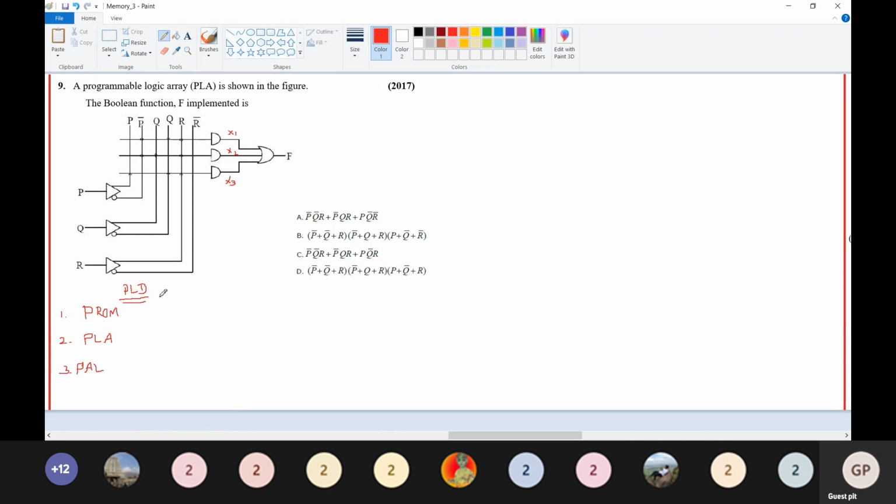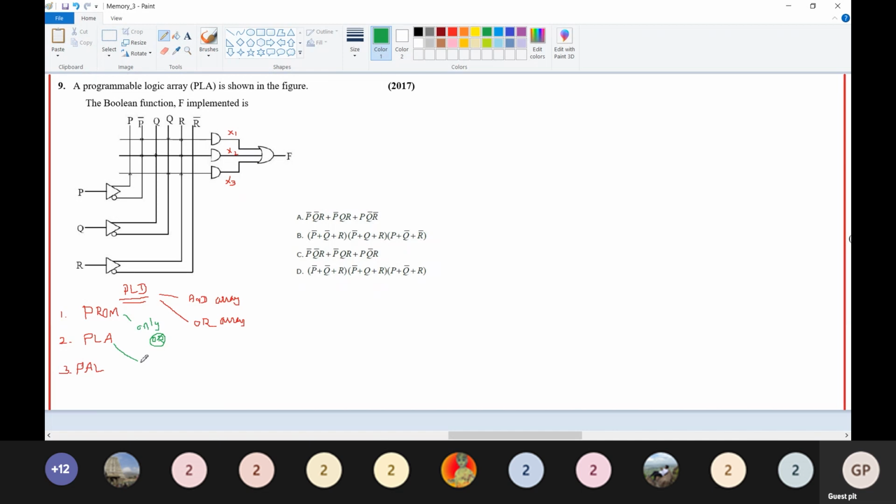A PLD consists of an AND array and an OR array. Based on how the AND array and OR array can be programmed, it is classified into three: PROM, PLA, and PAL. In PROM only the OR array is programmed.